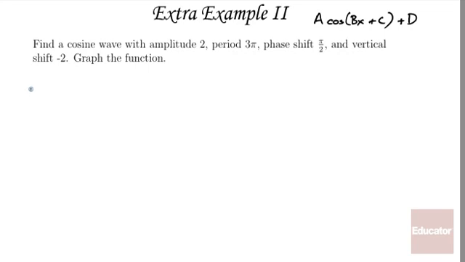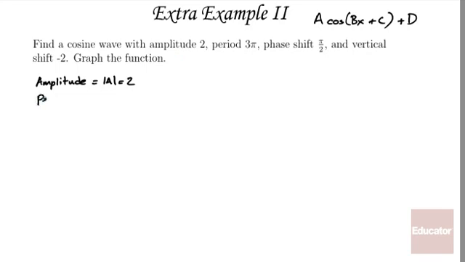We've got to figure them out from these attributes. So remember, amplitude is the absolute value of a, so we'll take a equals 2 to give ourselves amplitude 2.